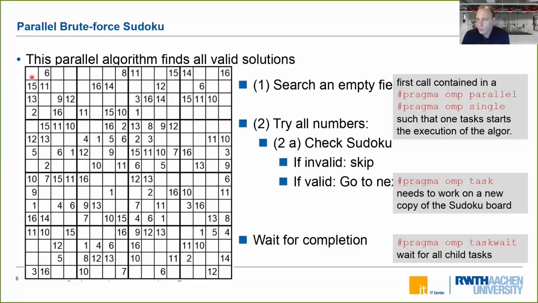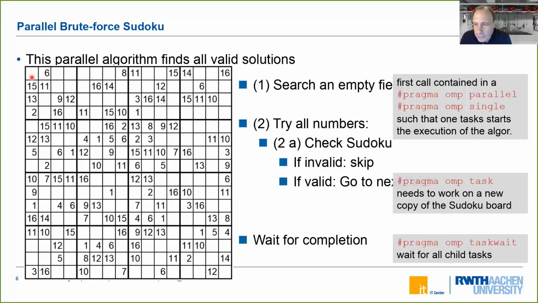And then we are going to use tasks. So that means at each empty field where we try out a set of possible candidate numbers, we can put this candidate number into a copy of the Sudoku board, and then continue from there in parallel.